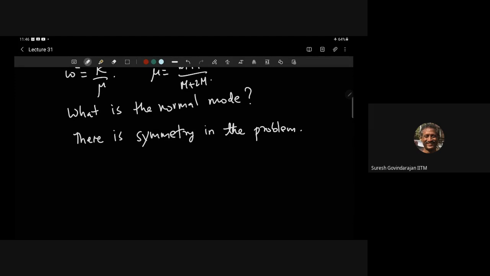Because we chose the two outside guys to have the identical mass. So it's like an inversion about the middle guy, the middle mass. I'm just motivating what is going to happen.